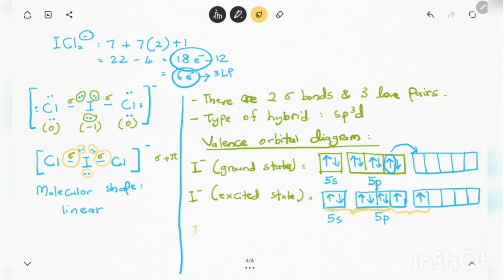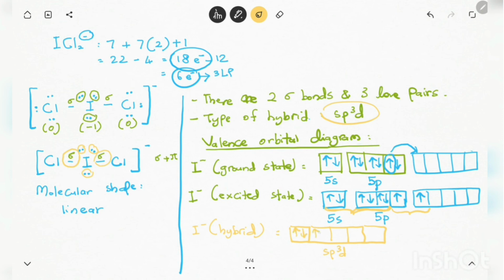For the hybrid orbital, we identified just now that the hybrid is sp3d, so we mix one s orbital with 3 p orbitals and 1 d orbital, forming sp3d.